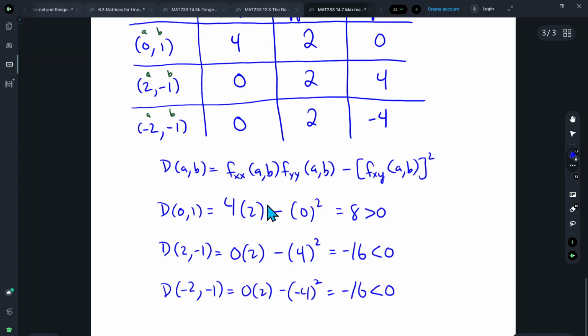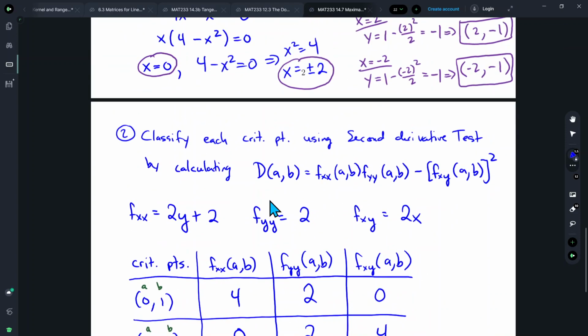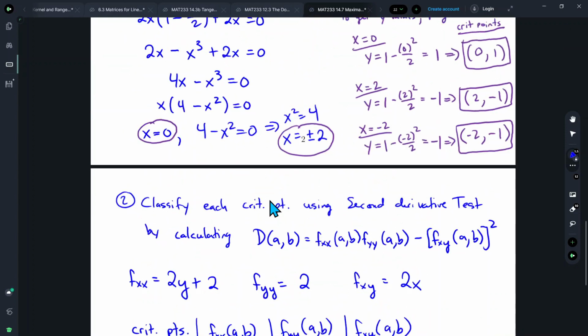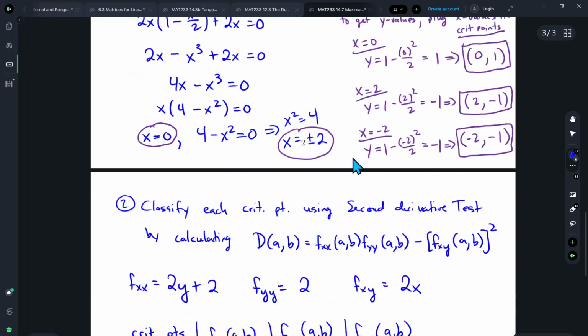Okay, so what does that mean? Going back to the second derivative test, when the discriminant is negative, then you have a saddle point.